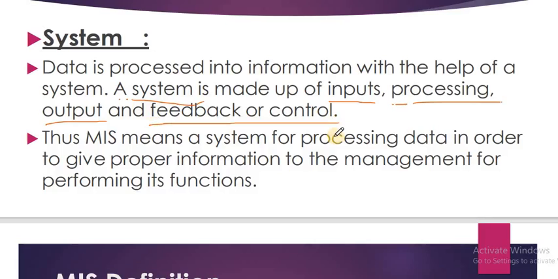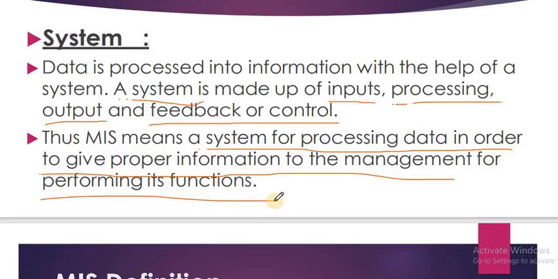So now, collectively, MIS means a system of processing data in order to give proper information to the management for performing its function. Is that clear to everyone? Do we now see how we come up with the management information system?